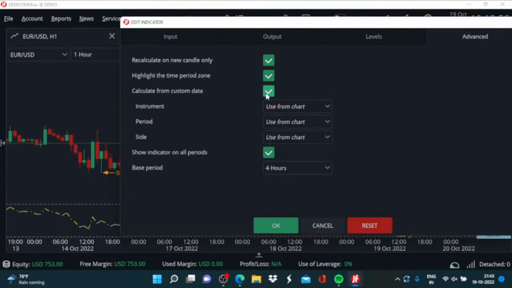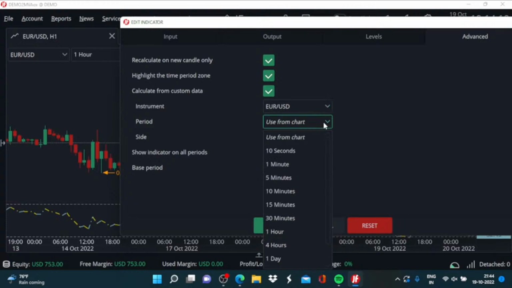If you want to customize this calculation further, then you get these three choices where you can use the instrument, the candle period and the spread side from the chart. Or if you don't want to use them from the chart, then you can specify them. In that scenario, this indicator will be plotted only for the given instrument, and you can do the same for the candle period also.